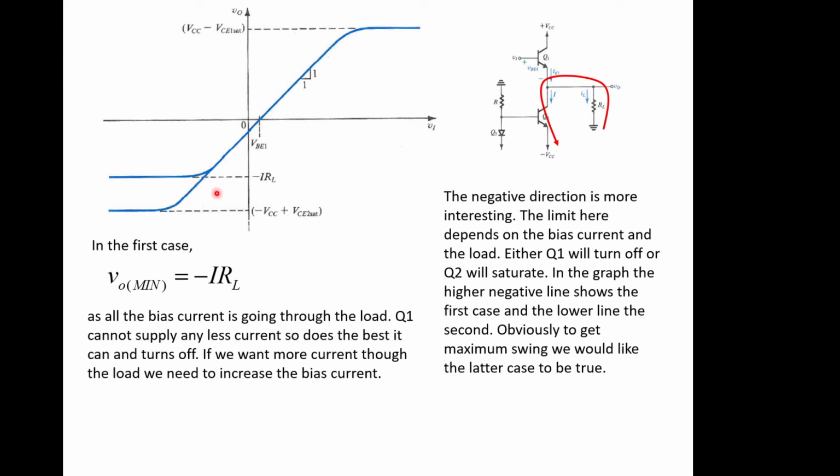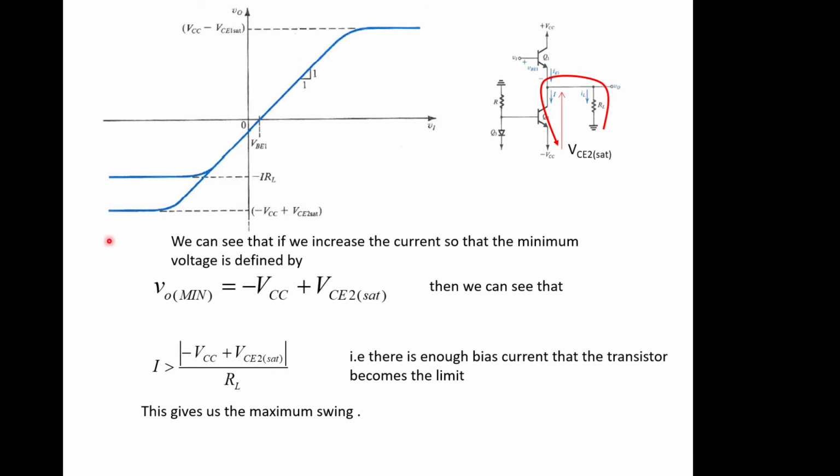You could have IRL down here somewhere, but the transistor would then saturate and we'd still be hitting this point here. So we try to get this IR trace to match this theoretical minimum or maximum trace, depending on your viewpoint. And that's really what this is trying to show.